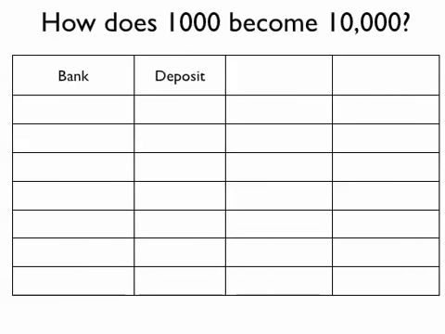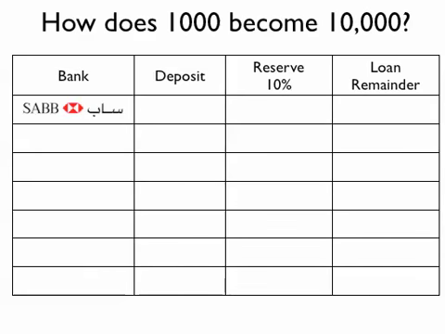Well, let's start with the first bank, and let's say that I go into the Saab bank and I deposit 1,000 riyals, and their reserve requirement is 10%, so they've got to keep 100 riyals in reserve, but they can loan out 900 of that deposit.